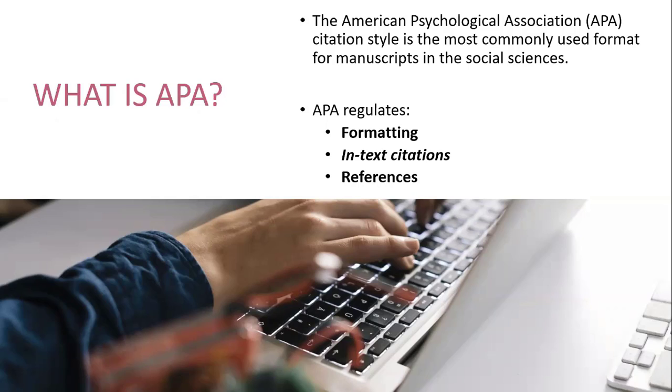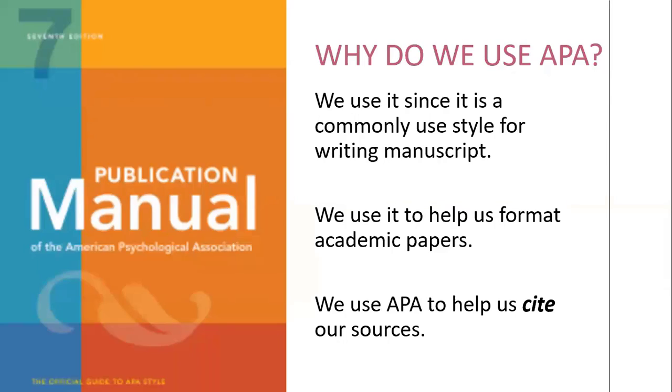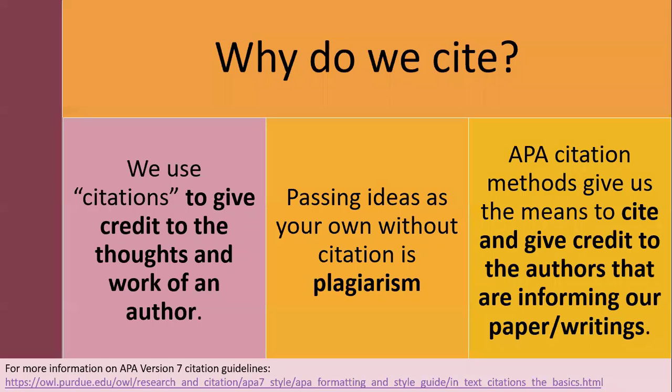So the question that some of you might have right now is, why do we use APA? Well, again, we use it not only because it's one of the most common formats out there for manuscript creation, but we use it to cite our sources. Why do we cite? Well, that's a great question.